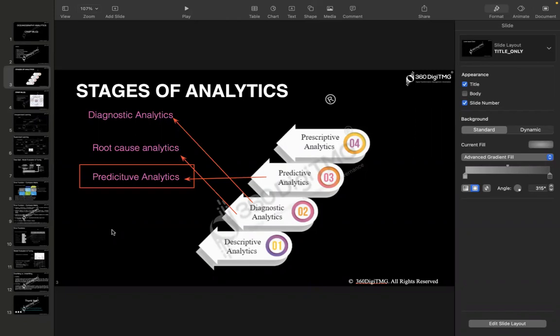For instance, data mining involves the analysis of large sets of data to detect patterns from it. Then we have text analysis, which extracts information from large blocks of text.